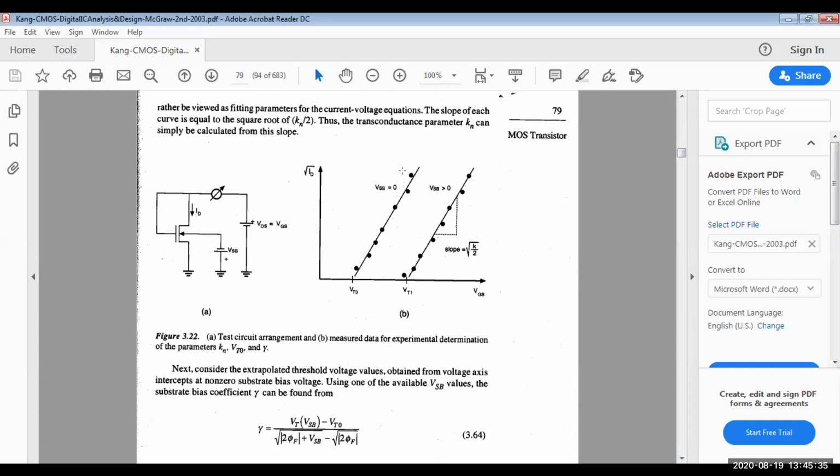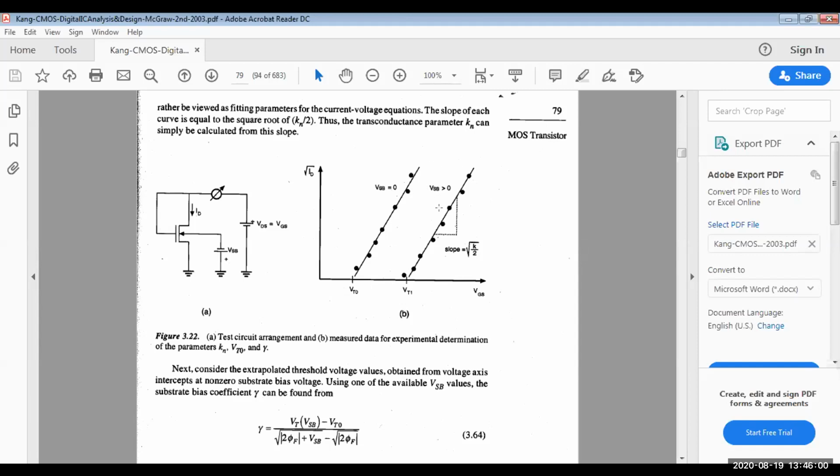When there is no body effect, that means VSB equals 0, we will get this graph, starting from this point, which is VT0. That means without body effect, this is the threshold voltage. But as we have learned, during the body effect the threshold voltage increases because of the VSB voltage.